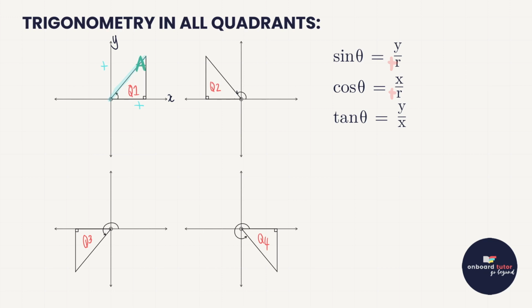Then they moved over to the second quadrant and they did the same thing. Have a look at what's happening here. The y values are positive because they're all above the line, but the x values are on the negative side there of the axis. So now when you start to work out sine, cos, and tan, you'll notice cos is negative because x is negative, and tan is negative because x is negative.